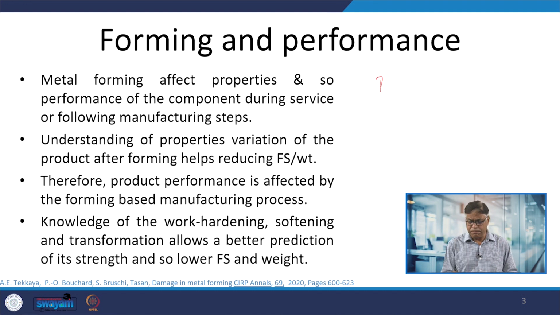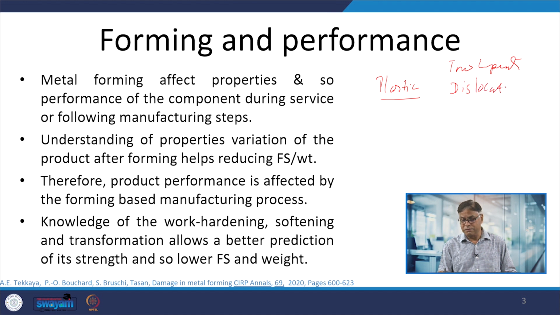Whenever this plastic deformation takes place, especially under low temperature conditions, it leads to the generation of a lot of dislocations, and because of the generation of dislocations, it leads to strain hardening.